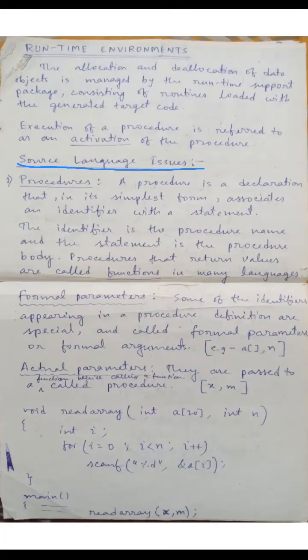First, procedure or function. We know what a function or procedure is. When I call a function, that means we are going to execute or perform a specific task. A function basically performs a specific task for a given algorithm.